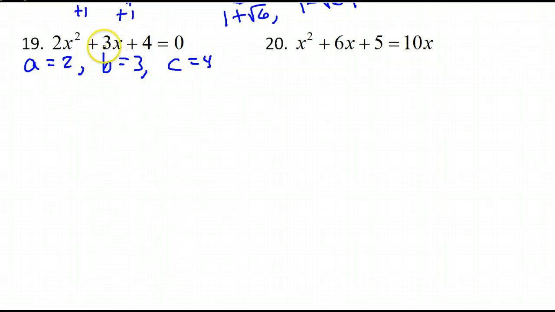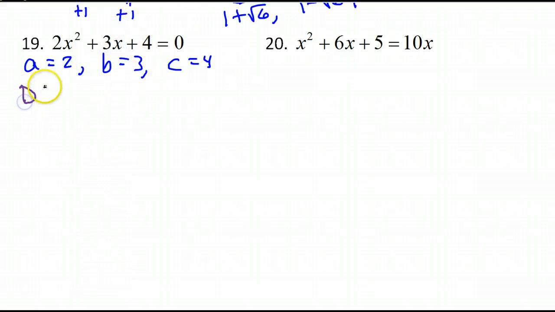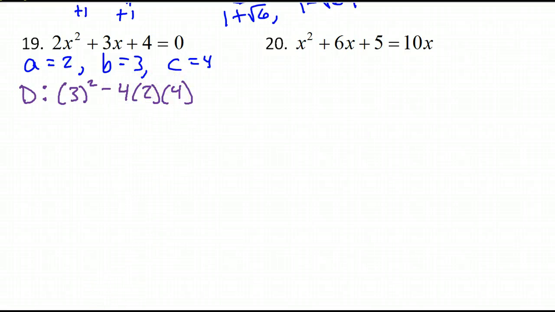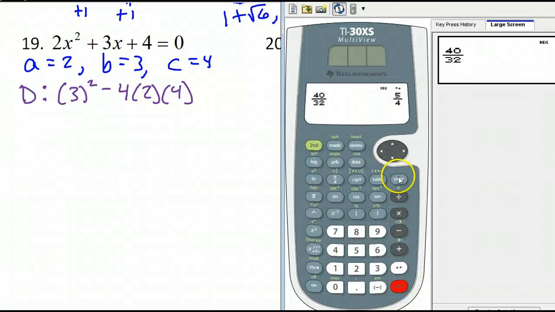Quadratic formula once again. So let's find that discriminant. Why do I always do it in purple? I don't know. Alright, b squared minus 4ac. Okay, 3 squared is 9.